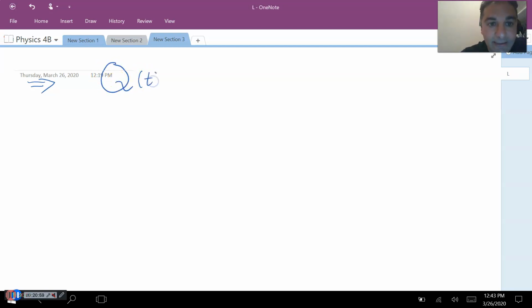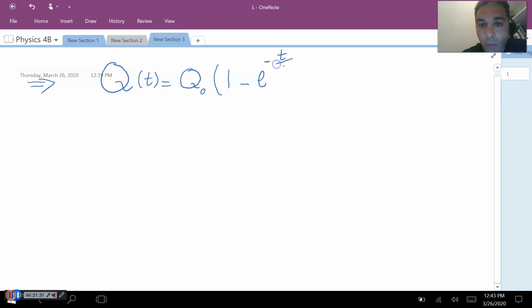Q as a function of time is equal to Q naught times parenthesis 1 minus e to the power of negative t over RL.